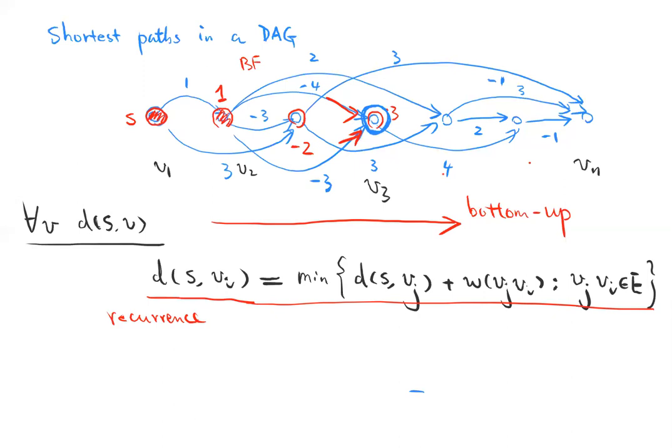Actually, every dynamic program just looks like shortest path in a DAG. So the actual DAG may be complicated, maybe not obvious, but actually for every dynamic program there is an underlying structure that is a DAG. All right, I will elaborate on this after we come back from the break.